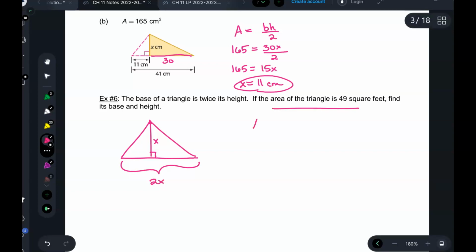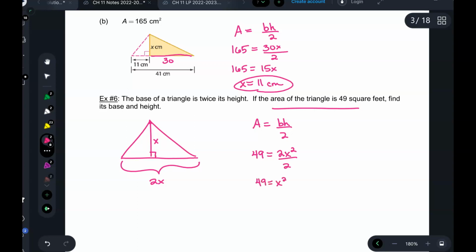And the area, so area is base times height divided by 2. We were given the area is 49 square feet. So 49 is equal to 2x squared over 2. 2x squared over 2 equals 7.